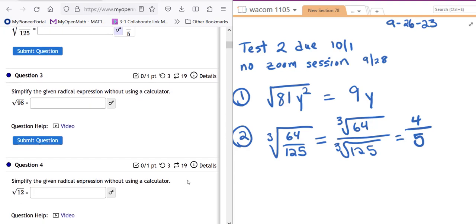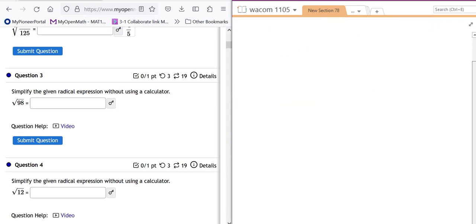All right. The next one asks us to simplify this radical without using a calculator. And so that lets us know it's not going to be a perfect square. We simplified these in class by breaking to primes.